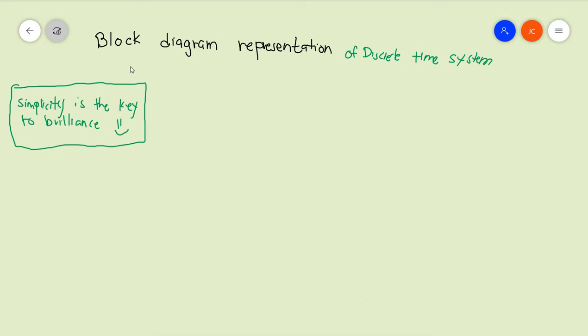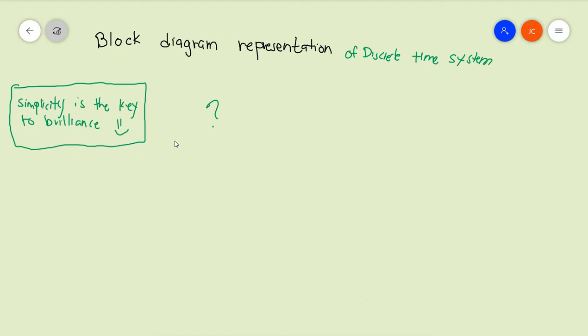The first question would be, why do we need to study the block diagram representation of discrete time systems? Because complex systems can be much easier to understand and explain without showing a lot of equations or explaining a lot in words.